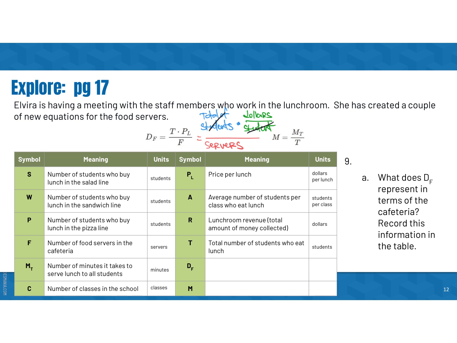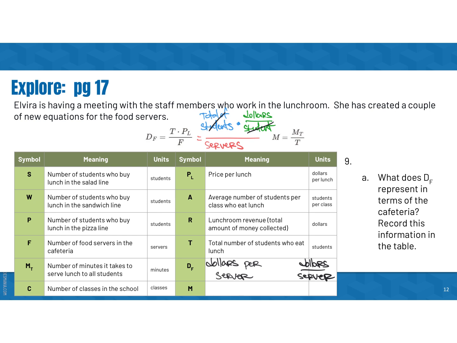So D sub F is dollars per server, or the total amount of dollars per server. Elvira would want to know what's going on with the servers, like how much money they are bringing in. These are things a cafeteria manager would actually look at, so it makes sense why she would make this equation.